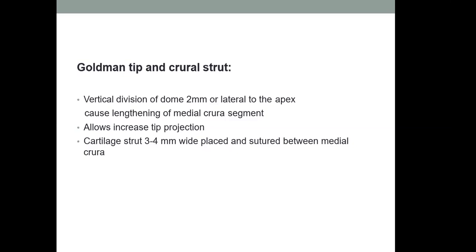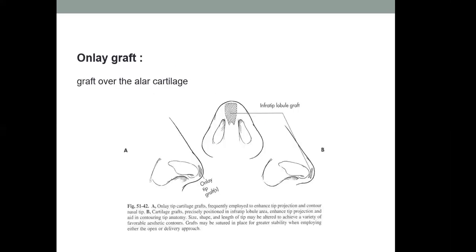Goldman tip and crural strut: the procedure is vertical division of the dome 2 millimeters lateral to the apex, causing lengthening of the medial crura segment. This allows increased projection. A cartilage strut 3 to 4 millimeters wide is placed and sutured between the medial crura.